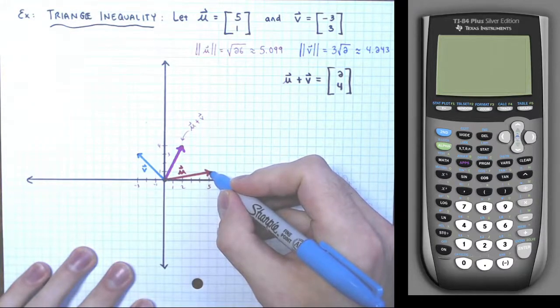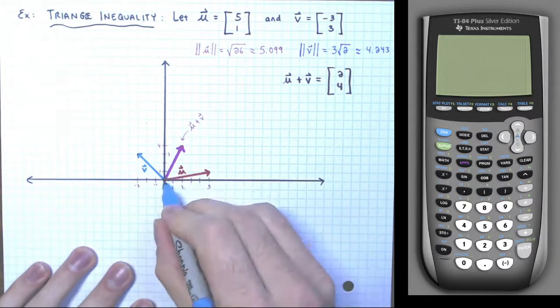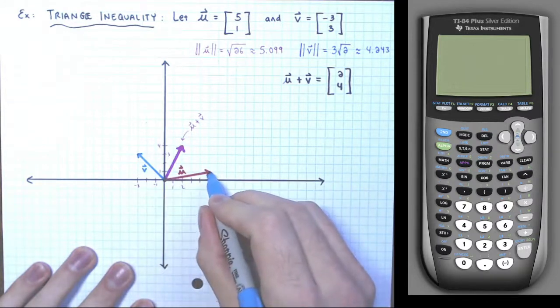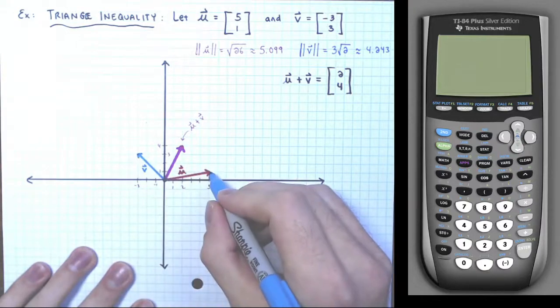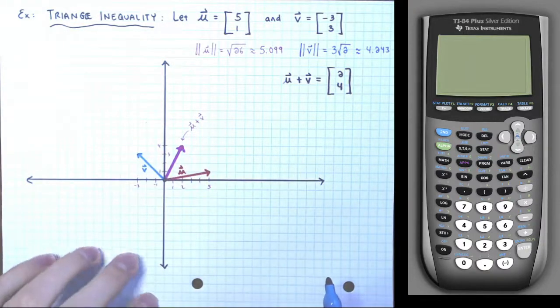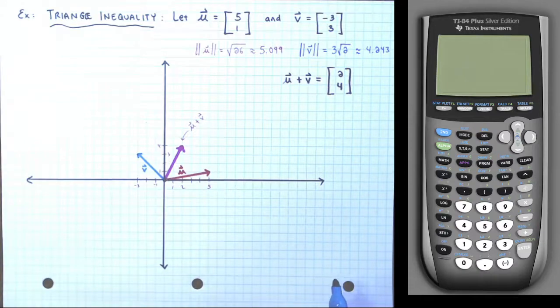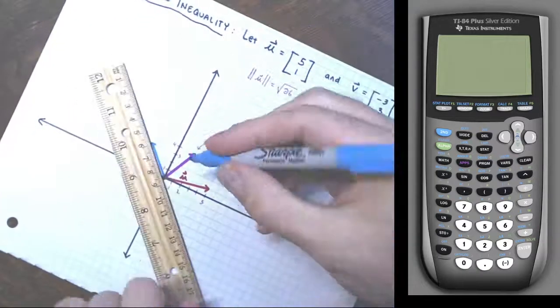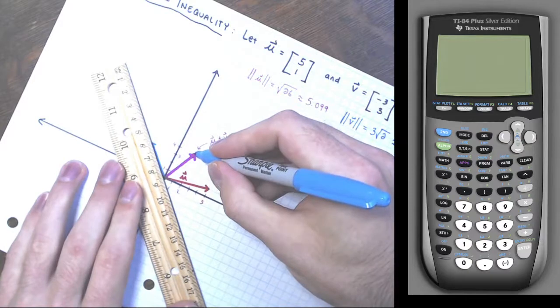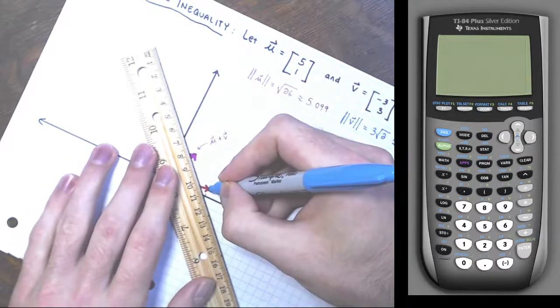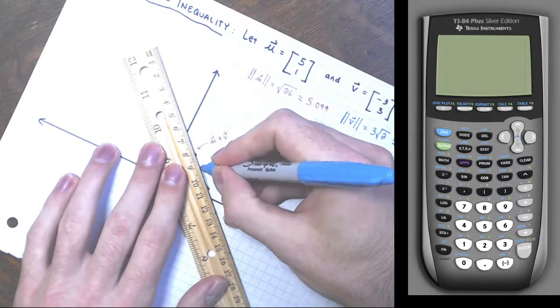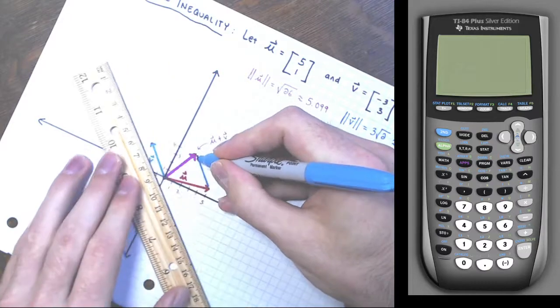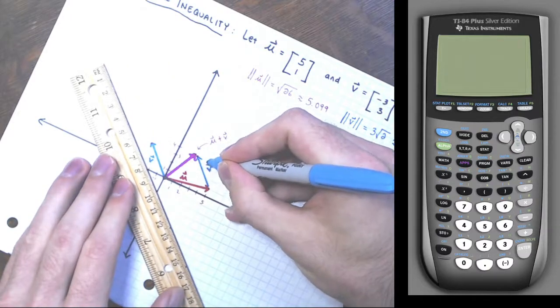I start at the end of vector u: go right 5, up 1, there's the end of vector u. Then I draw vector v again, added on to vector u. If I go left 3, up 3, it takes me right to that same point at the end of u plus v. So here's vector v again.